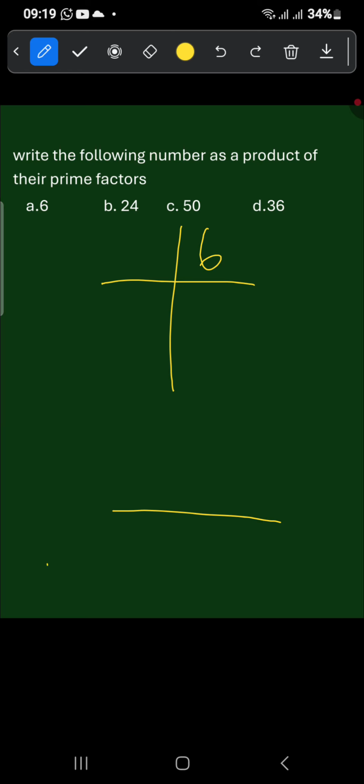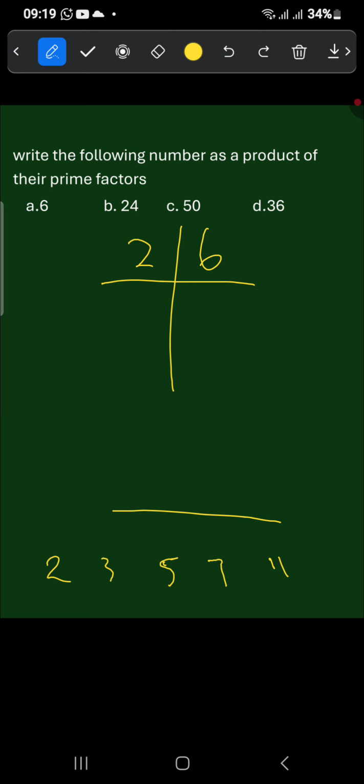Our prime numbers, remember, are 2, 3, 5, 7, 11, just like that. Can 2 go into 6? Yes, 2 can go into 6. It goes how many times? 3 times.